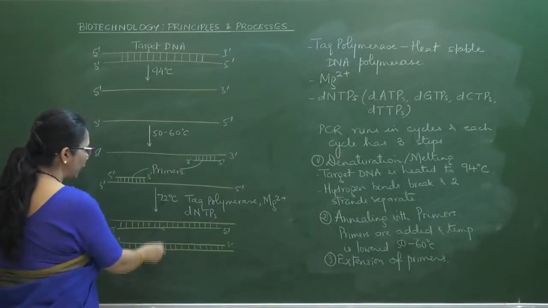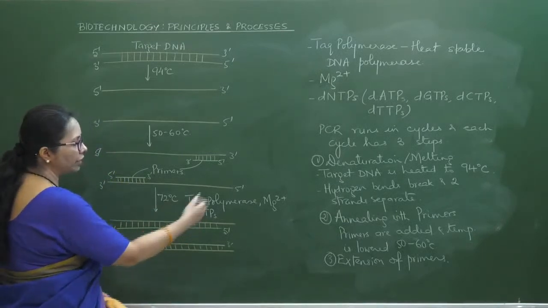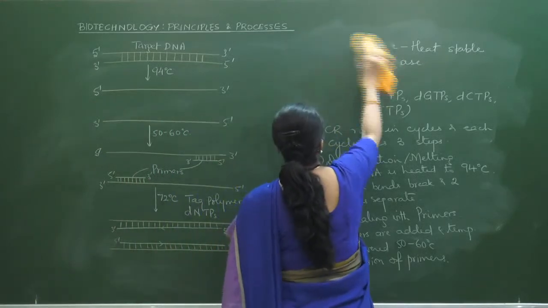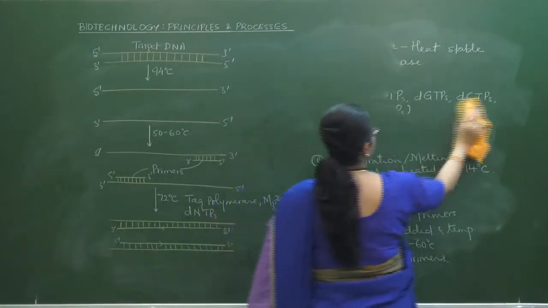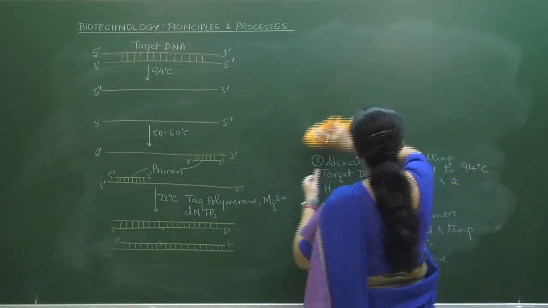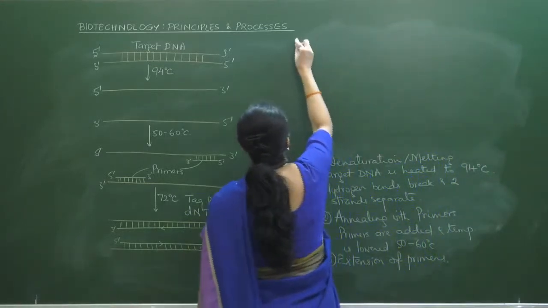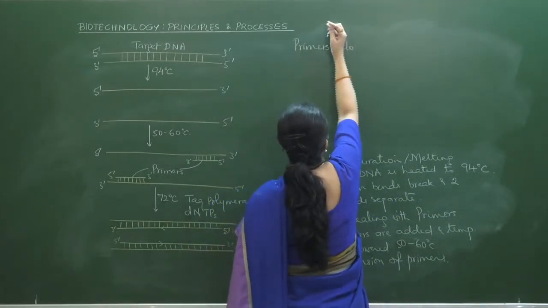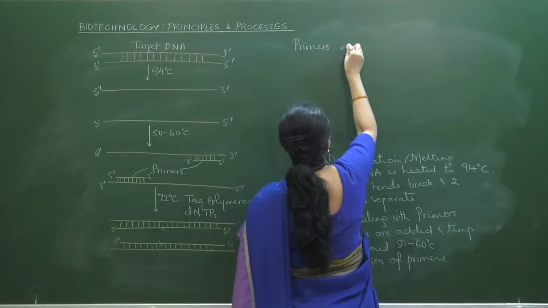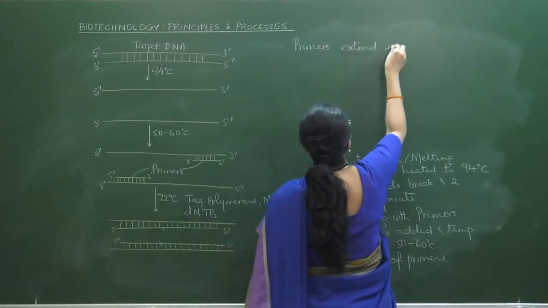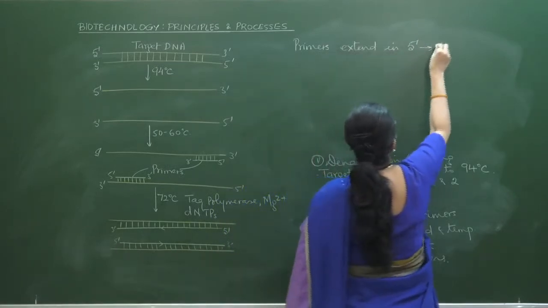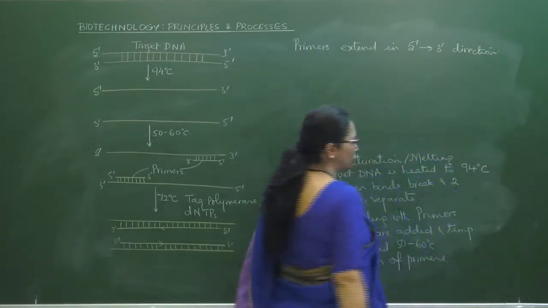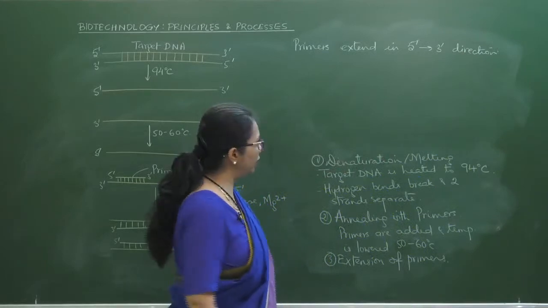So at the end we get 2 copies of our target DNA. For extension of the primers, I can just mention here that primers elongate or extend in 5' to 3' direction, under the effect of Taq polymerase, which works at high temperature.